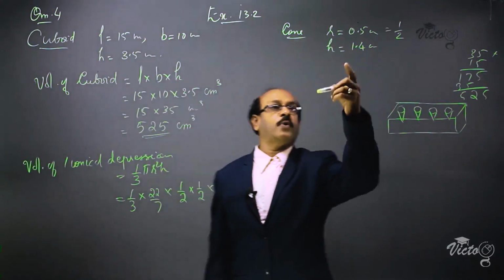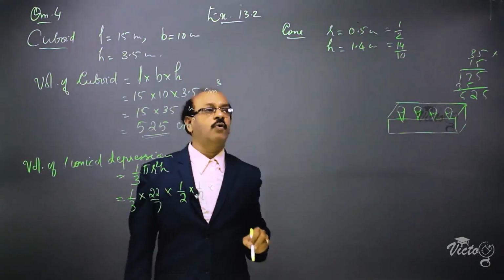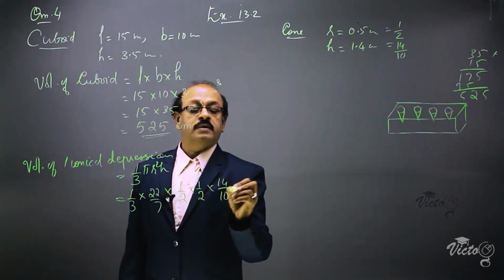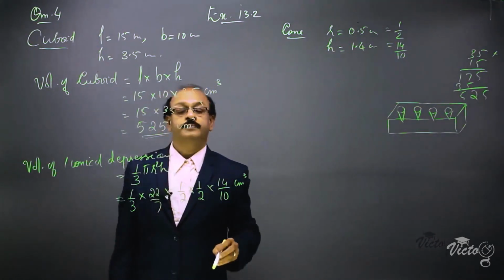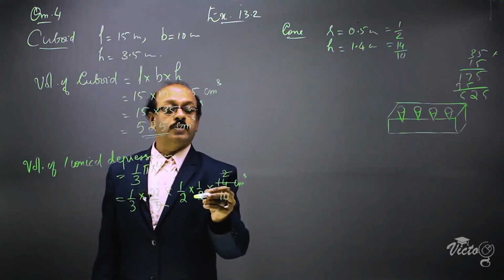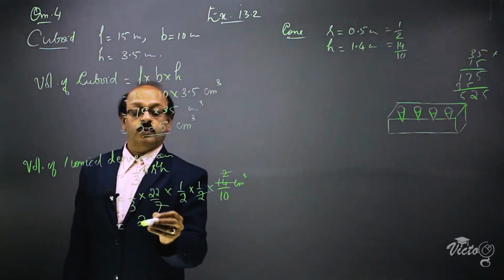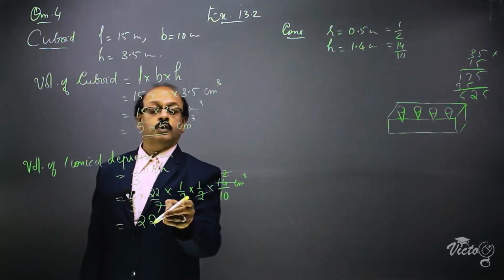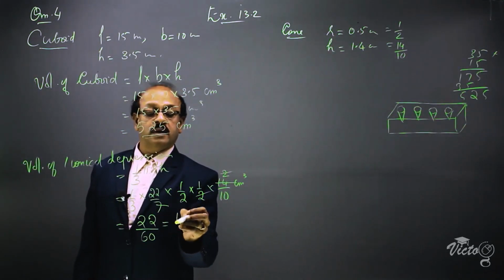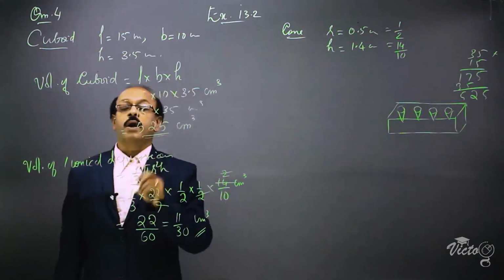H is given as 1.4 centimeter, we can write it as 14 by 10, converting the decimal into fractional form. Now this 7 and 14 get cancelled, 2 and 2 get cancelled. Now it is 22 divided by 3 into 2, 6 into 10, 60. 22 by 60 means 11 by 30 centimeter cube. This is the volume of one conical depression.